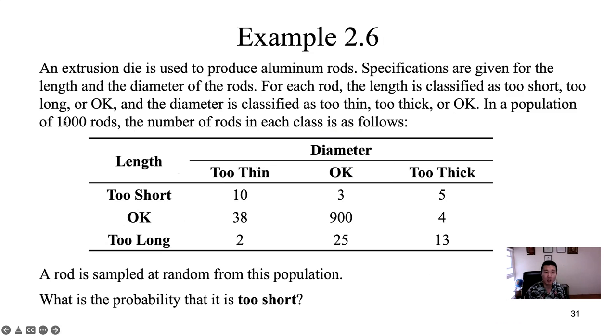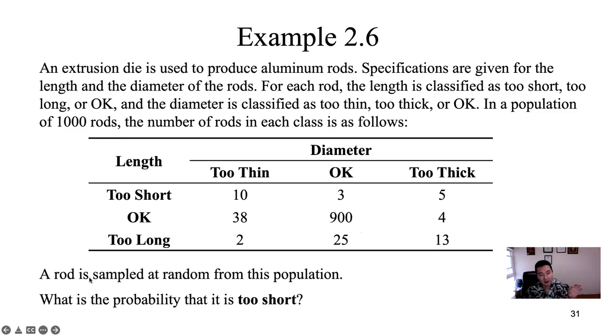Totally, we have a population of 1,000 rods, and here is the number of rods in each class. For example, 900 rods are okay in both length and diameter, and 25 are okay in diameter but too long. Added together, 1,000 rods.